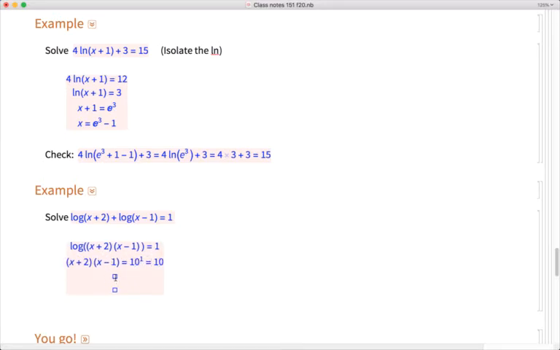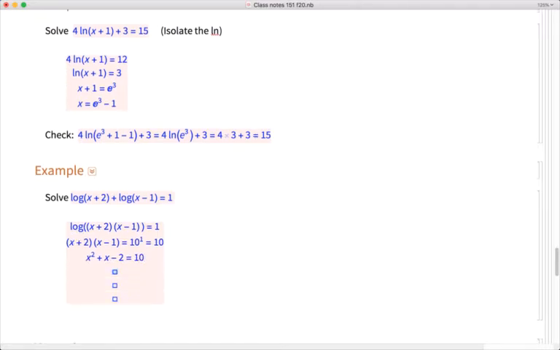This is a quadratic, but it's factored on the left, but you can't get fooled here. The right-hand side is not equal to 0, so we can't set these factors equal to 0. Instead, we need to FOIL out. That's plus 2x minus x, so that's plus x and minus 2. x squared plus x, so I need to subtract 10.